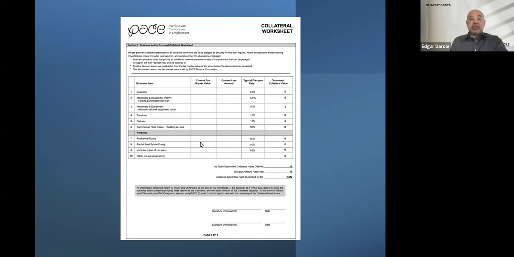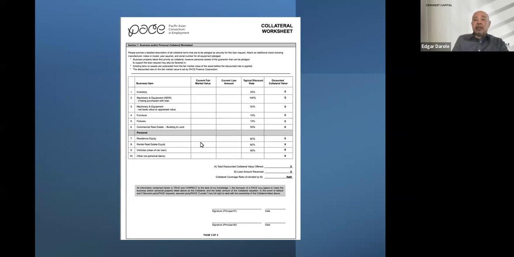As far as your residential equity, or your equity in your home, they would consider 80% of that. How is that computed? You take the value of your property multiplied by 80%, minus your current loan balance, and that will be your residential equity.